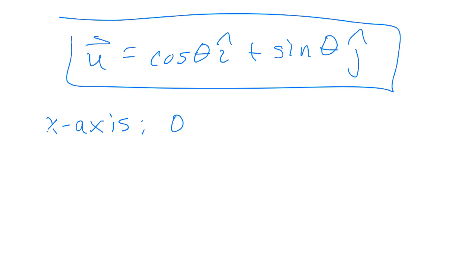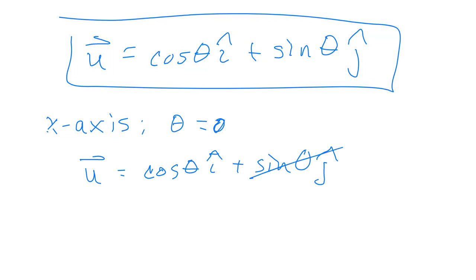Theta would be 0, because theta is the angle from the x-axis in the positive direction. So what would the u vector be? The u vector would be cosine 0 i plus sine 0 j.